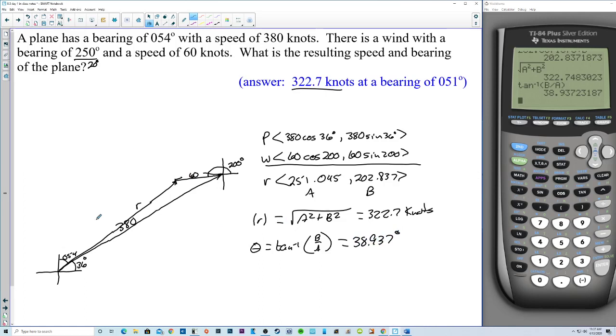Now remember, we want the bearing angle to the resulting path. Well, if this right here is the 38 degrees, so let's subtract from 90. We're going to go 90 minus that answer, which gives 51, 051 degrees. So 051 degrees.